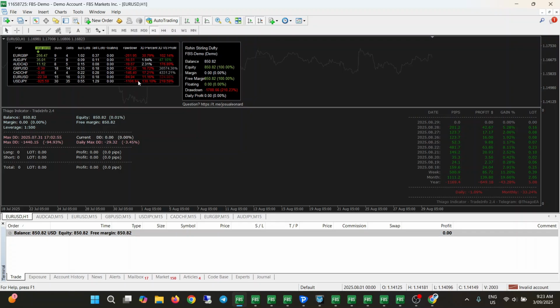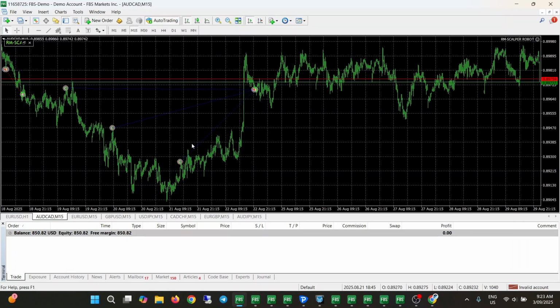Obviously the worst was USD JPY at negative 1100, and the max drawdown that this whole account saw with all of these currency pairs trading was negative 1440. So it did make some money, but it lost it because of USD JPY, and all of these haven't really been very good. So unfortunately, I can't really recommend the RM Scalper Robot.